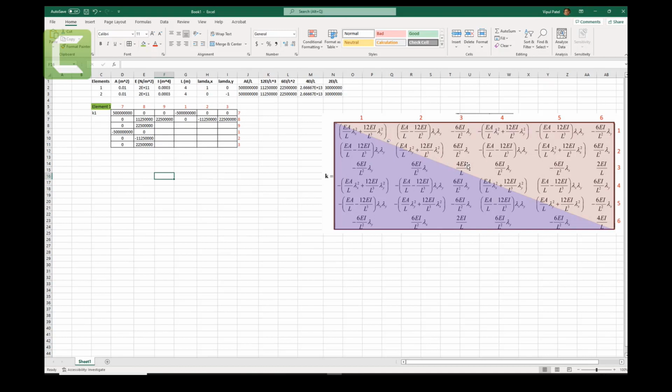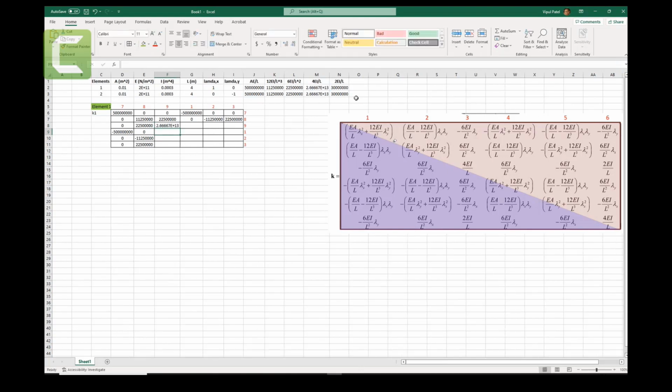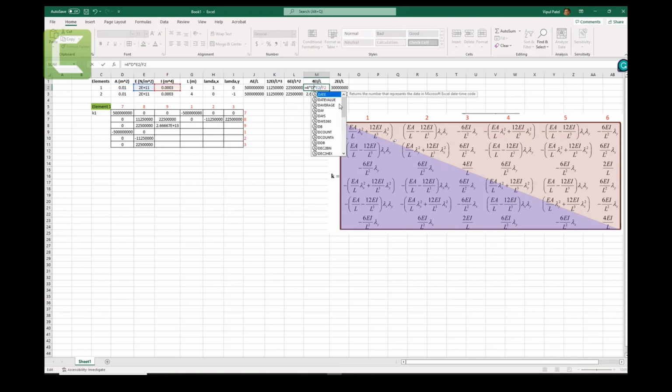We are in the third row. This one is 4 EI on L, equal to 4 EI on L. Sorry, something is wrong.